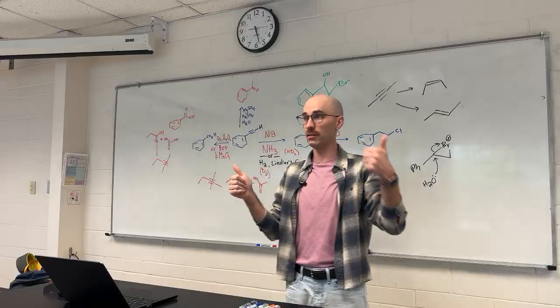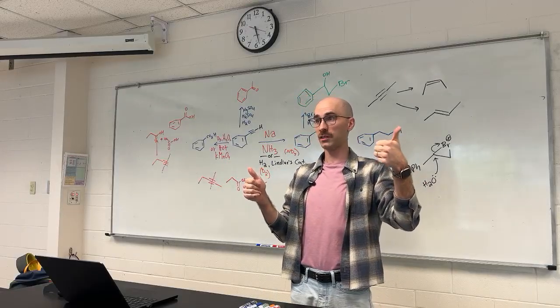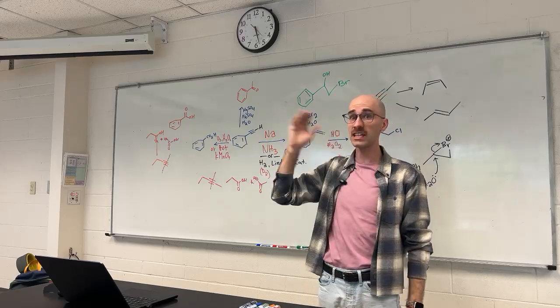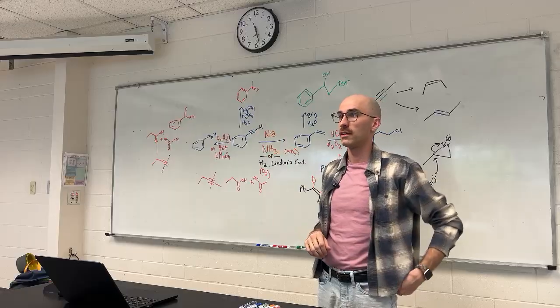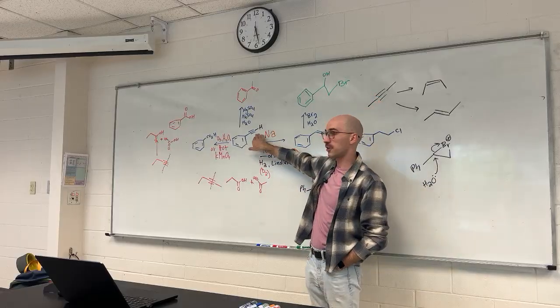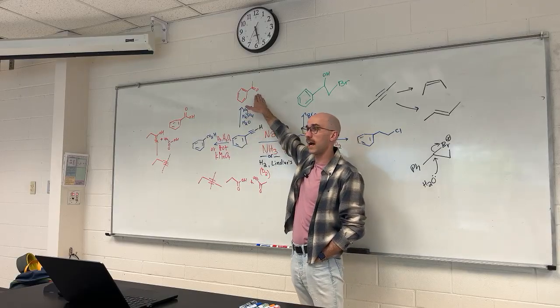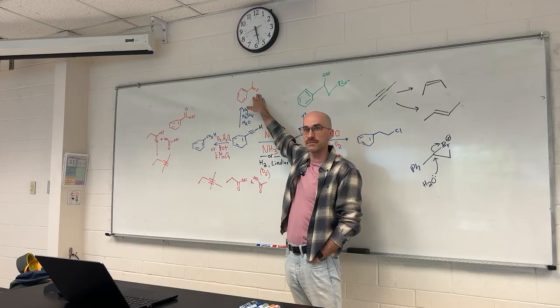It's similar to the alkene oxymercuration reduction, but it doesn't have a second step. It doesn't introduce a reducing agent. So it's just oxymercuration. It's a Markovnikov hydration, which means on a terminal alkyne like this, it will always add hydrogen to the less substituted carbon, oxygen to the more substituted. It gives us a ketone.